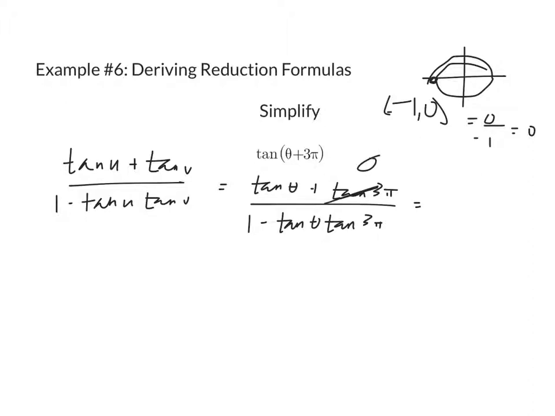The bottom part is saying 1 minus tan theta times 0, which makes that whole term 0. So we're left with tan theta over 1, which is tan theta. And we're done. Let's look at our next one.